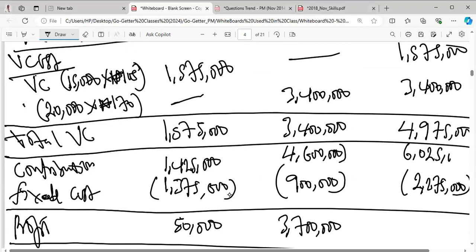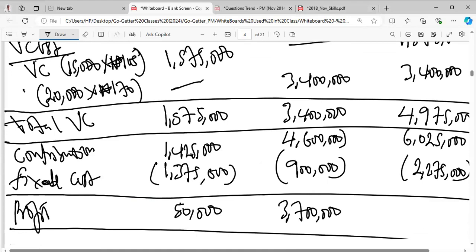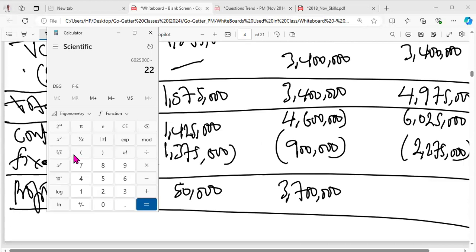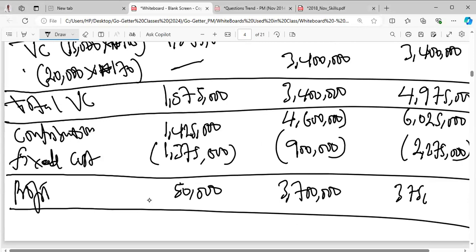Then we remove that 2,275. That gives us 3,750.